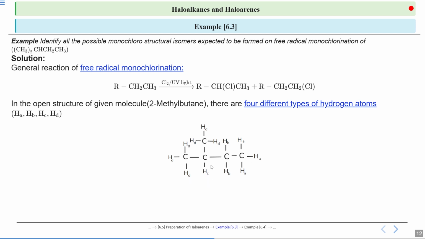These names are according to their reactivity: if you replace HA, you will get a different product, and if you replace HB, you will get a different product. But if you replace this HB or this HB, you will get the same product. On this basis, we have divided the hydrogen atoms present in 2-methylbutane into 4 different kinds.